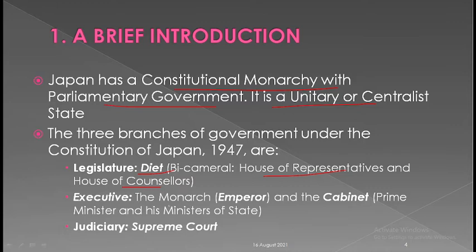The executive branch comprises the monarch or the emperor and the cabinet. The cabinet is again made up of the prime minister and his ministers of state. And the judiciary branch is represented by the Supreme Court and such other subordinate courts.